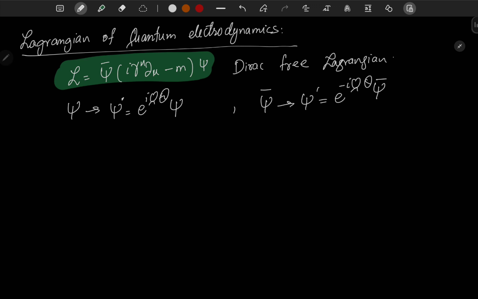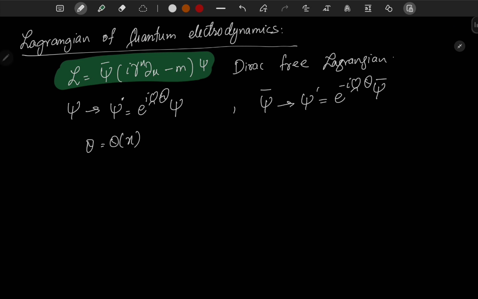But things change quite a bit as soon as the theta parameter depends on the position. In particular, under a gauge transformation of this type, the Lagrangian transforms like the following.